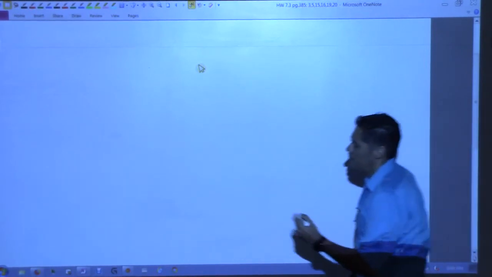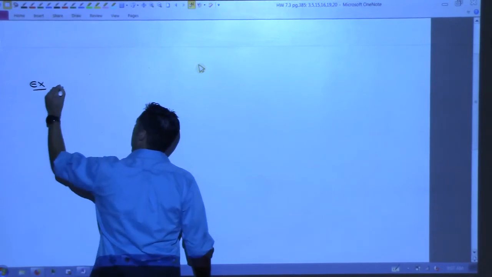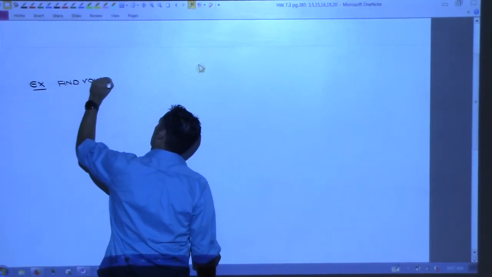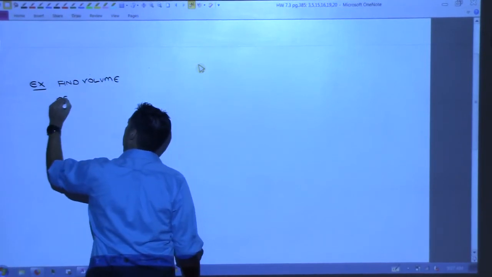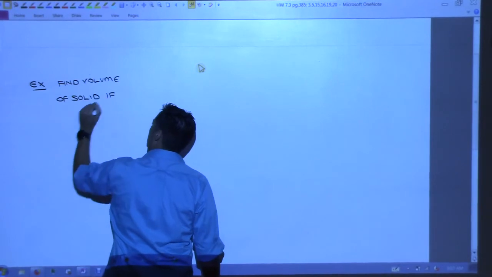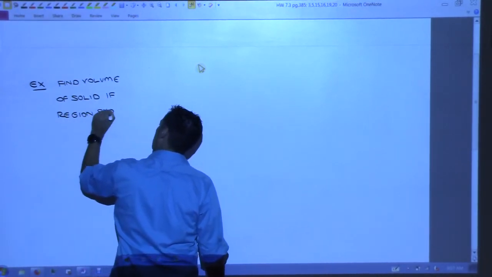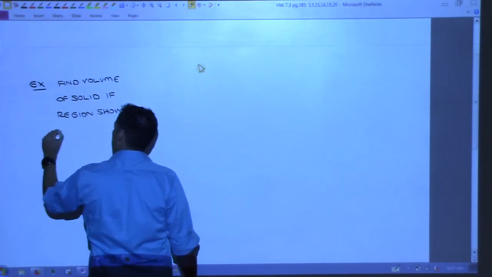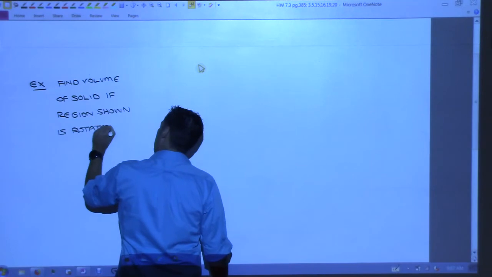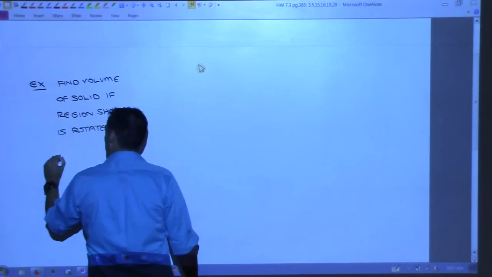So let's take this first example here. Find the volume of the solid if the region shown is rotated about, we're going to do a couple of these.